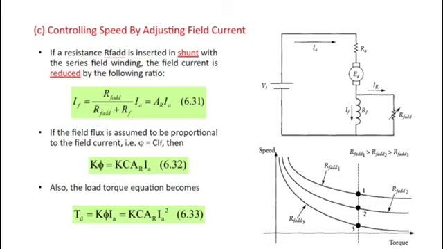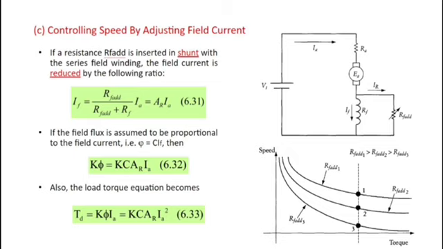RFADD refers to an additional resistance added in shunt with the series field winding in a DC motor. The purpose of adding this resistance is to control the amount of current flowing through the series field winding, which affects the strength of the magnetic field generated by the motor.